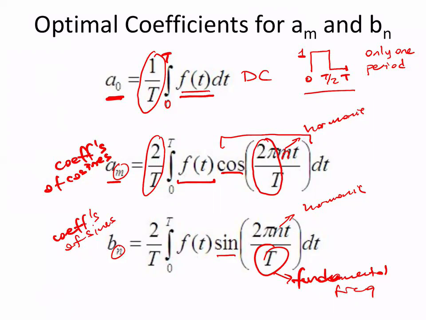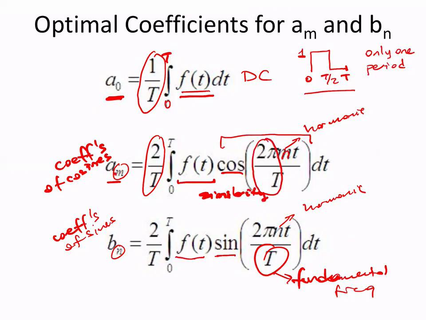I'm changing the frequency of my harmonic, multiplying, and finding the similarity between my signal and the cosine at that frequency, or between my signal and the sine wave at different harmonics. How do I determine the harmonic?